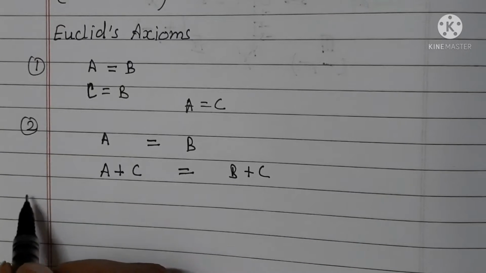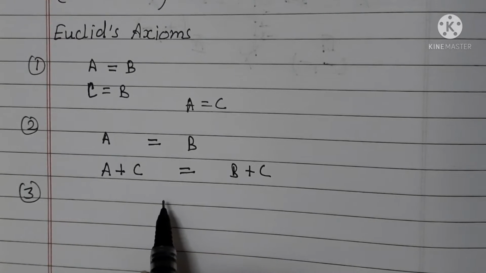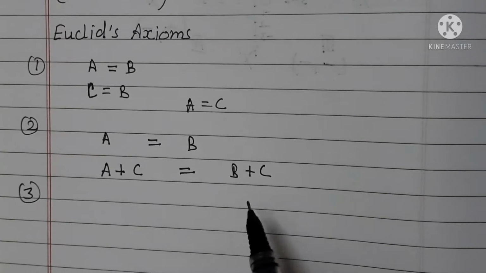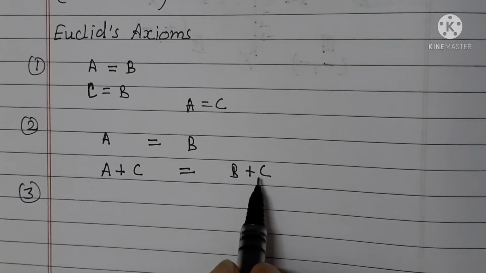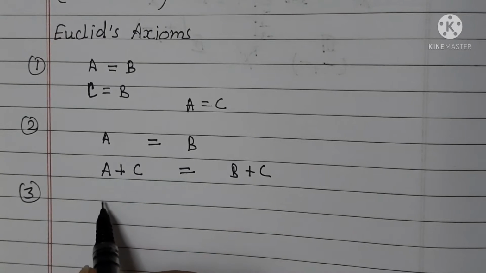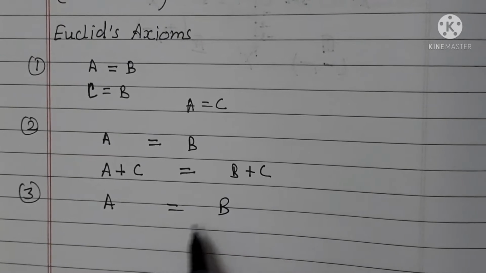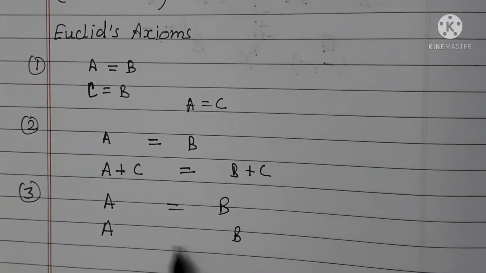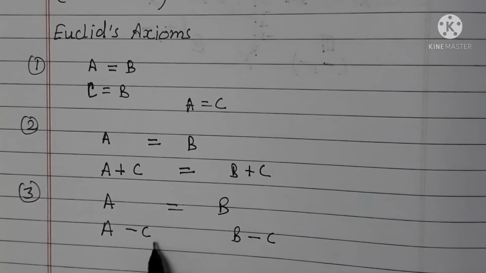The third is, if equals are subtracted from equals, the remainders are equal. Same as for add, and same here for subtract. Suppose A is equal to B and you subtract equals from both, minus C, here also minus C. So what remainder will you get?